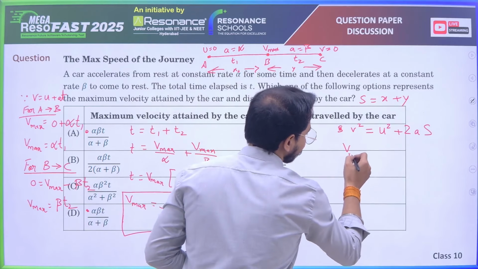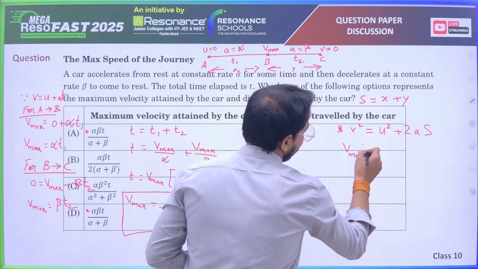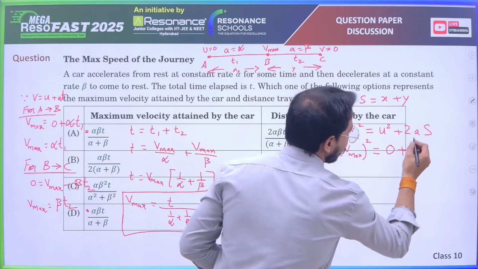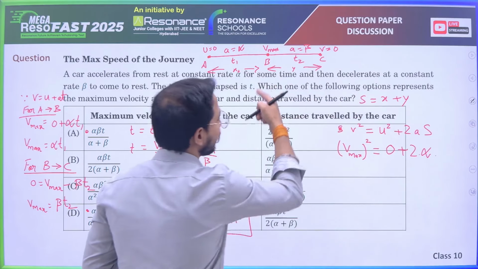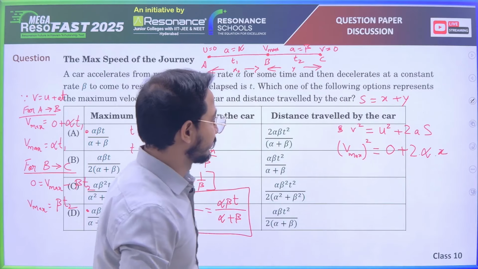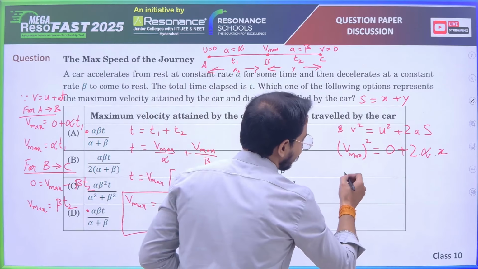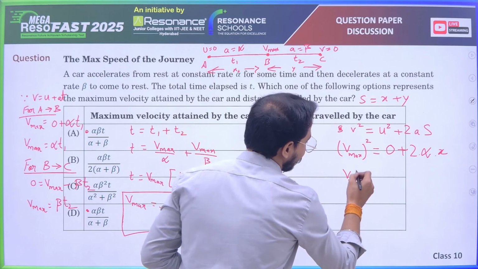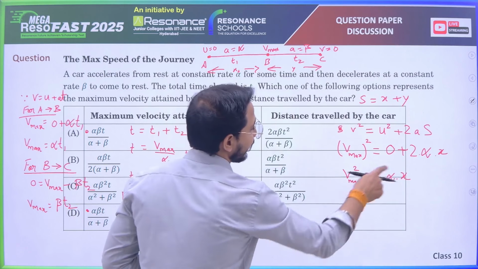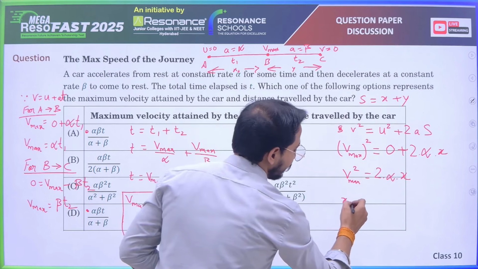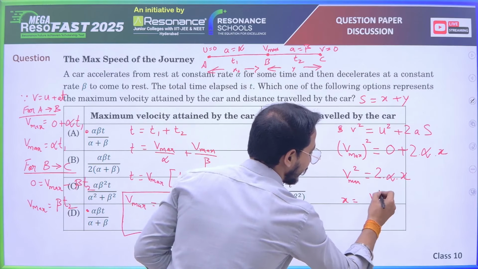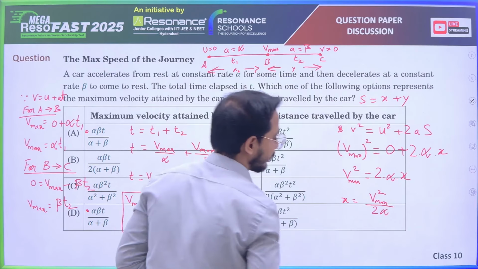Vmax square is equal to u, which is 0, plus 2 into a, where acceleration is alpha, and this is x, right? So Vmax square is equal to 2 into alpha into x. So x will be equal to Vmax square upon 2 alpha.